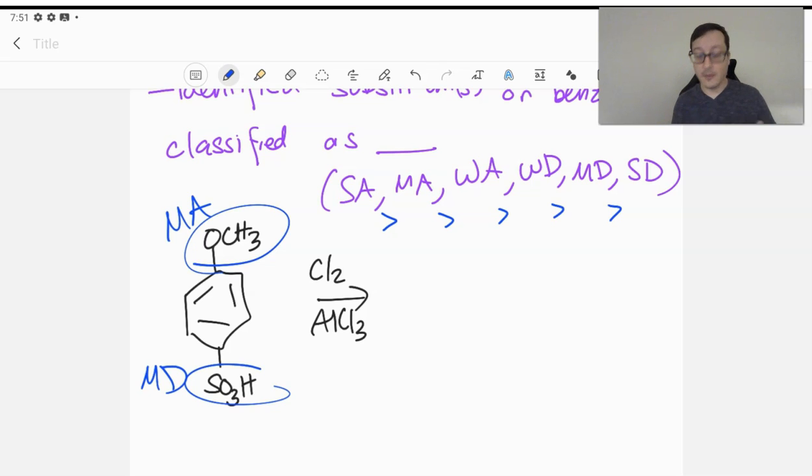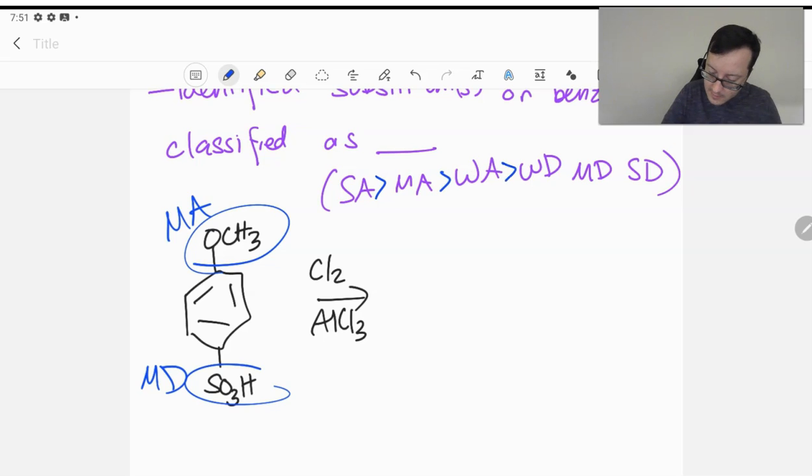This is a hierarchy. And so I'm going to actually replace all these commas with greater than signs. We need to figure out where they are in our ranking. We have a moderate activator and a moderate deactivator in this compound. The strongest one towards activating wins. So our moderate activator wins.